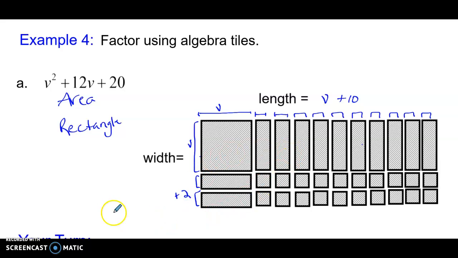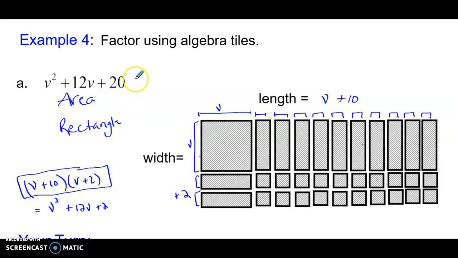So my length and my width could be represented by V plus 10 and V plus 2. When I multiply those out, I'll get my area, which is V squared plus 12V plus 20. Our goal now is to be able to come up with these two factors given this trinomial.